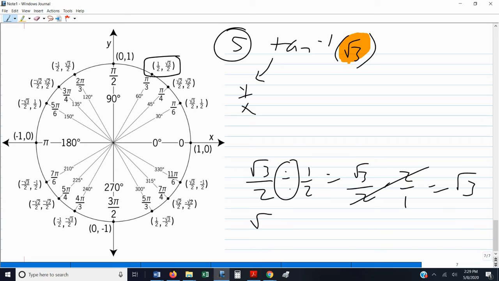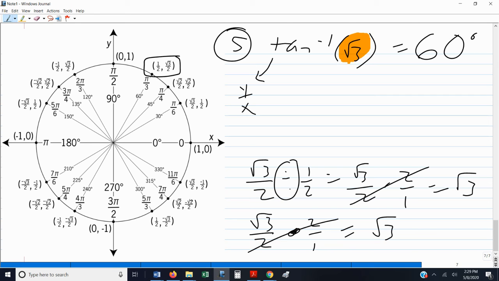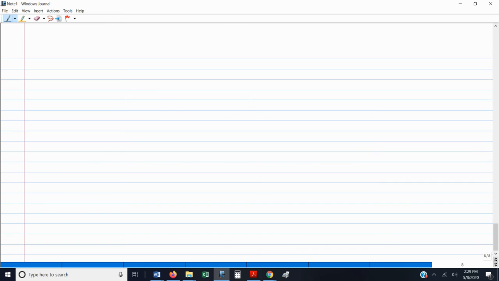Maybe you're even just doing y, and instead of dividing by x, you're going right to multiplying by the reciprocal, and you can visualize that root 3. So inverse tangent of root 3, what angle gives you a tangent of root 3? You would say 60 degrees, right? And again, we're choosing the one that is closest to 0.